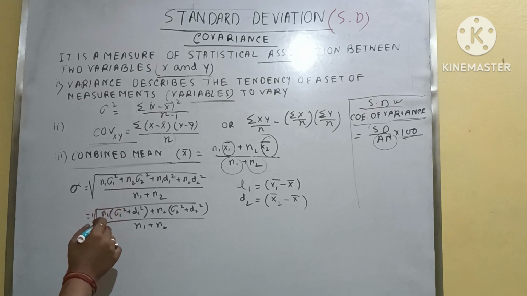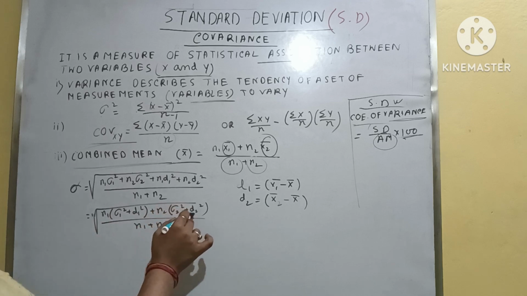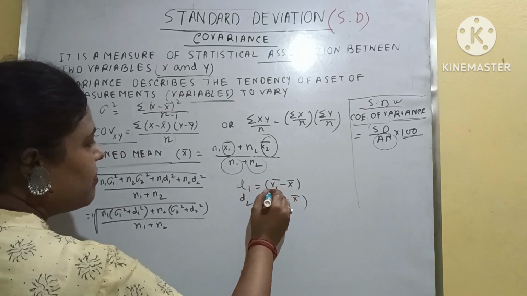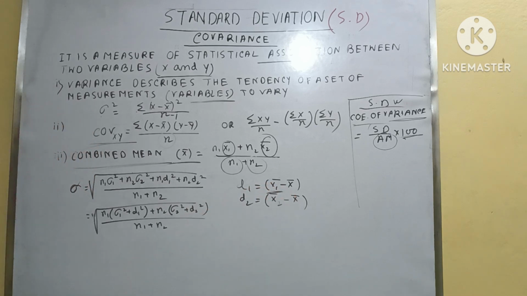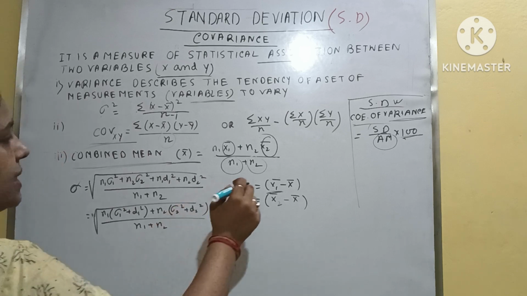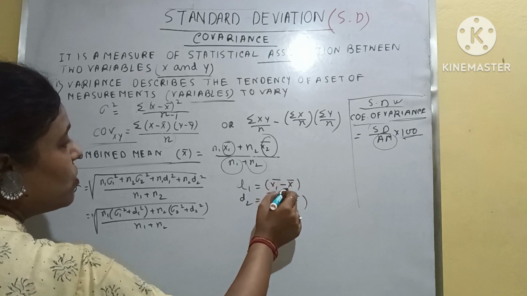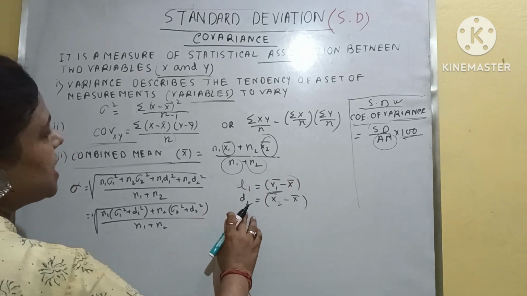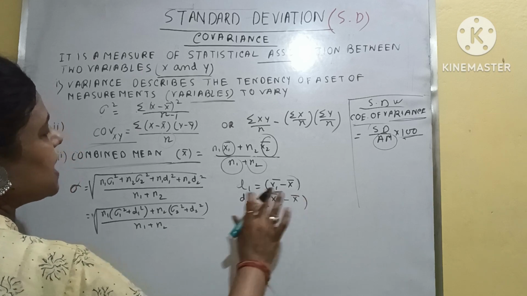Since n1 is common here, sigma 1 square plus d1 square plus n2 is common here, sigma 2 square plus d2 square by n1 plus n2. And here d1 equals x1 bar, the mean of the n1 values, subtracted from x bar, and d2 is x2 bar minus x bar.